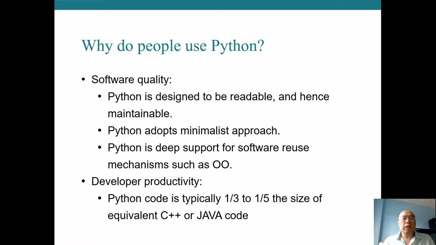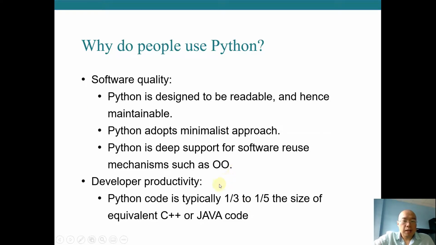So the code itself is readable, and that's very important, because when I read some people's code, if it is not that readable, I have to spend even longer to figure out what the person meant to do. Python is also an object-oriented language, and that is also very important.